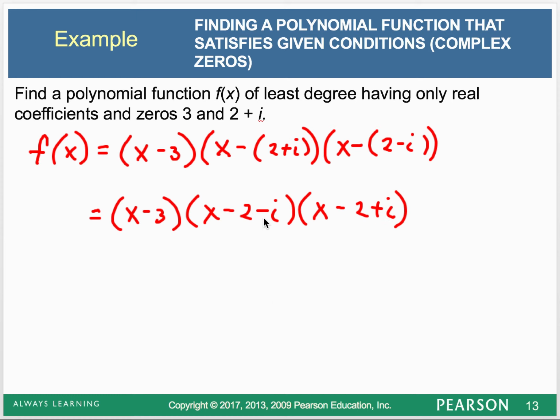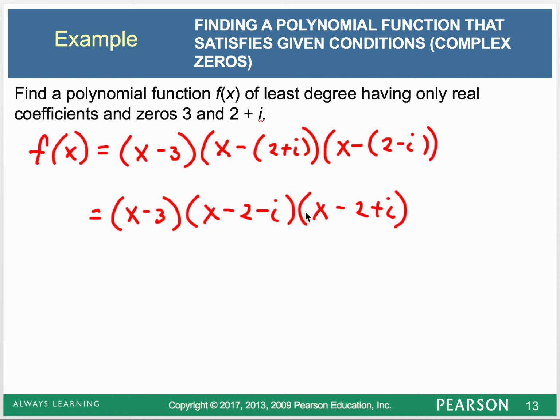I know, you're like, why didn't I just write this? Well, because this is the correct way. I wanted us to see that. And again, it doesn't give us a specific one, so it just wants any function that has those solutions. This will be our answer then, and I'll multiply it out.